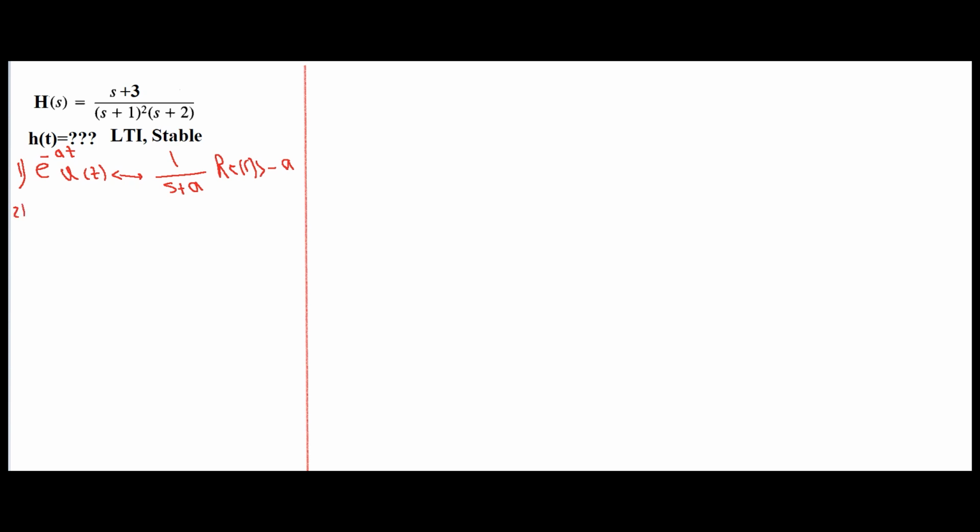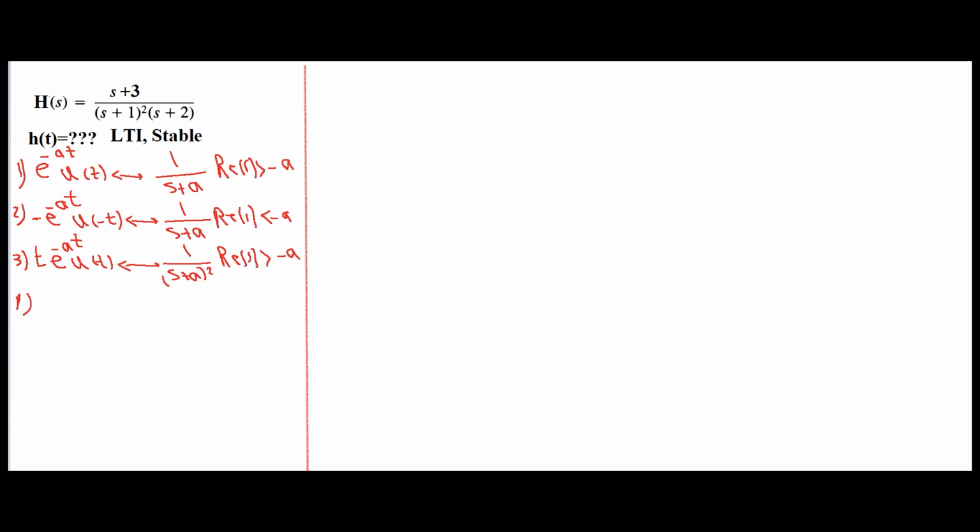The second point is that the Laplace transform of minus e to the power of minus at u(minus t) is also equal to 1 divided by s plus a, but with the region of convergence real s less than minus a.